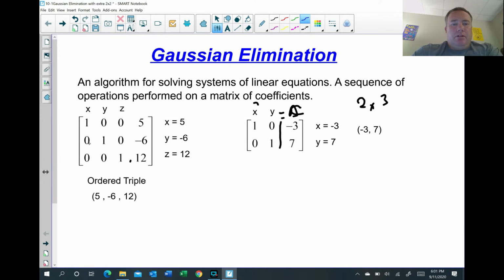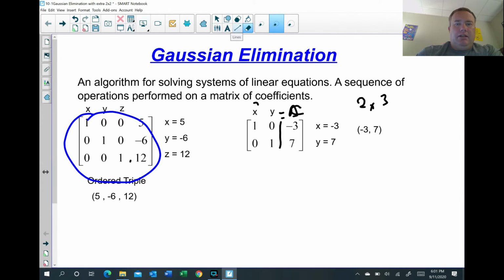When we talk about partial Gaussian elimination, the basic idea is that we want to end up with something that looks similar to what we have here in this matrix. It's not going to be exactly like that because, like I said, this is partial.